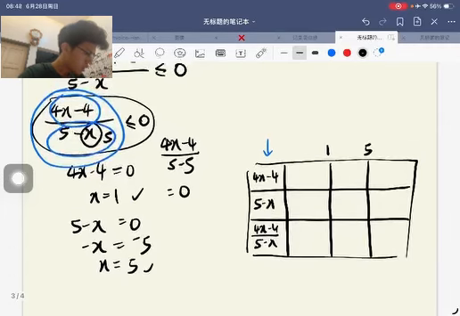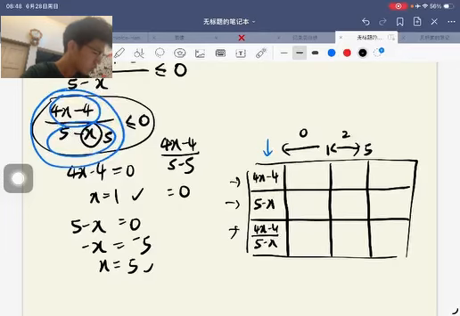And then how do we find the value that we need to sub for this expression? It's very easy. For this side, we need to find the value that is lower than 1, so I choose 0. For this side, I want to find the value in between 1 and 5, so I choose 2. For this side, I want a value higher than 5, so I choose 6.